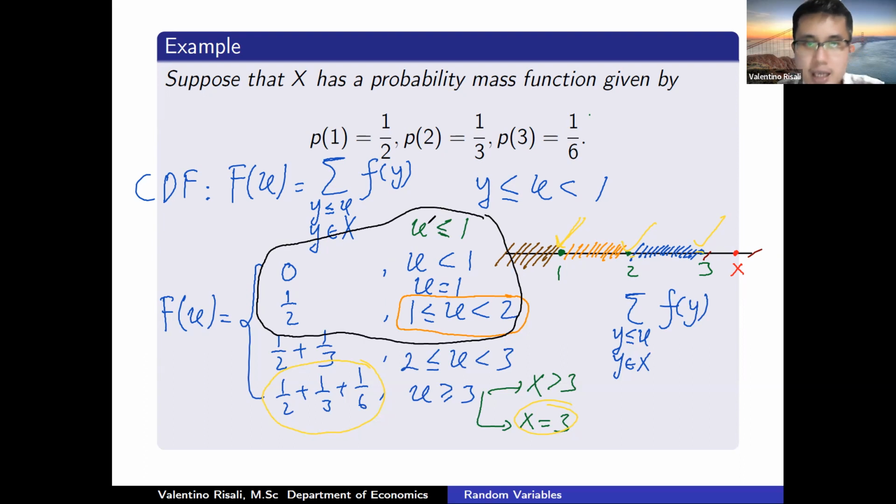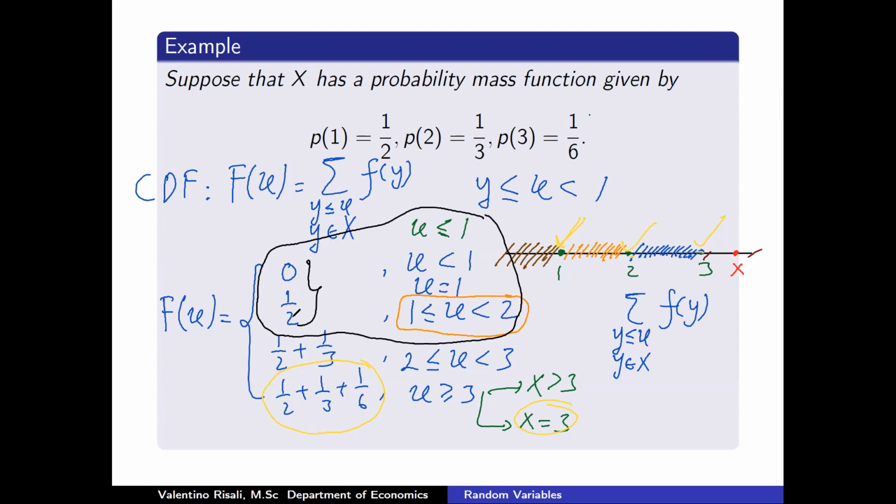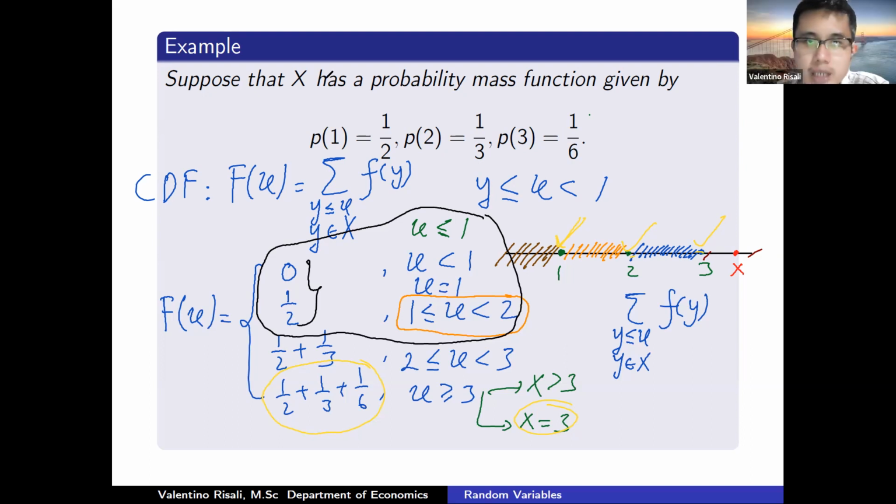In the first interval, the value at x equal to 1 is 0, but in the second interval, the value when x is 1 is a half. Okay, sir. So be careful for our area.